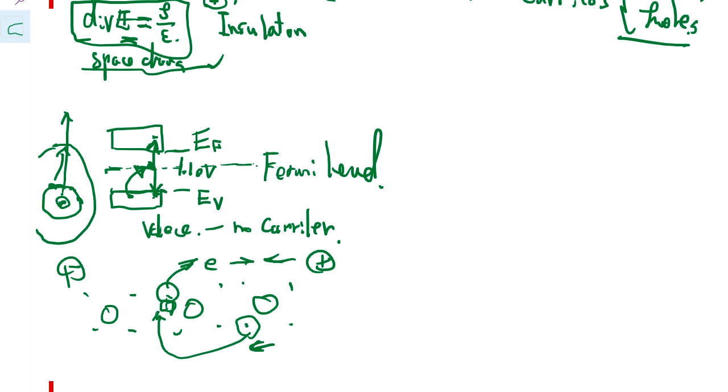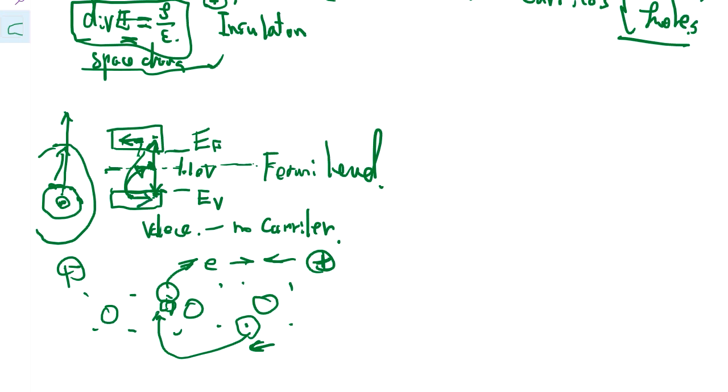Okay, so this is the basic band gap: when an electron jumps out to the free electron energy, then the electron moves along the electrical field, the hole moves the other way.